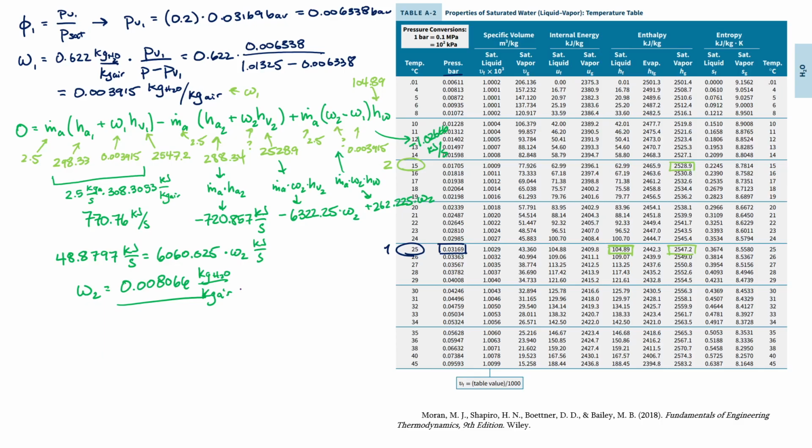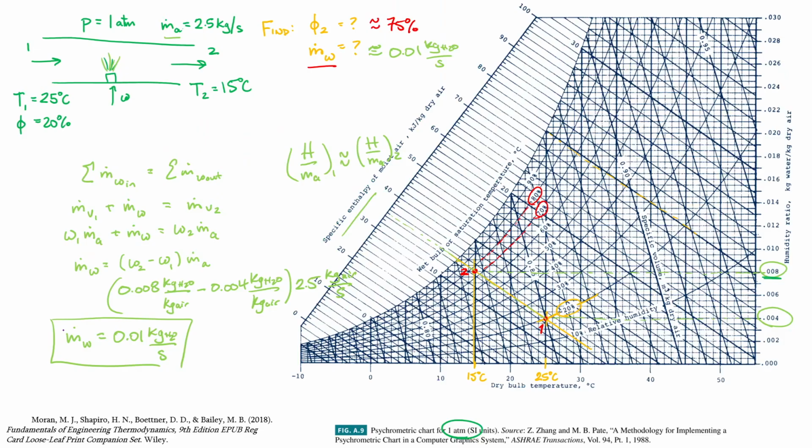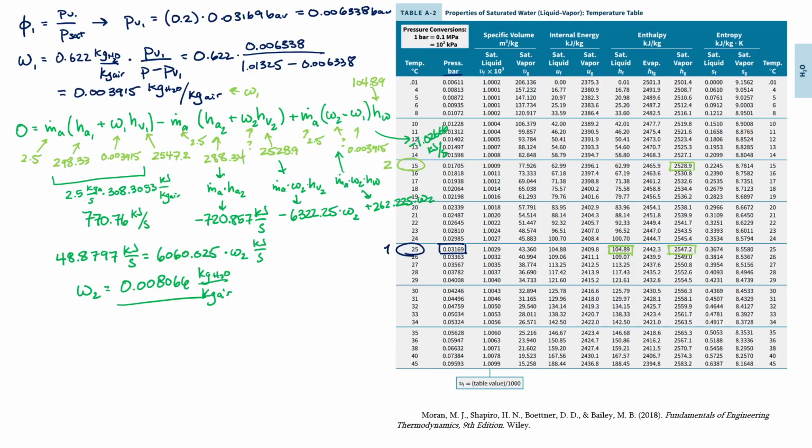In order to get phi, it is going to be equal to my PV over my P set, which is what I have right up here for it. I need to get my partial pressure of the vapor in order to get there, and I'm going to do it basically in the opposite order as I did before. I'm going to use my humidity ratio. Yeah, humidity ratio. I got the term right that time.